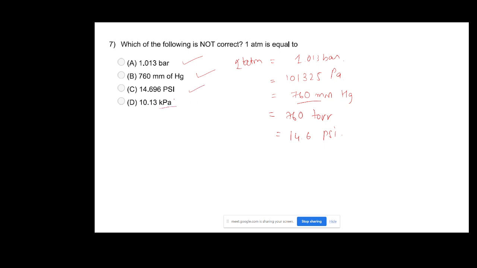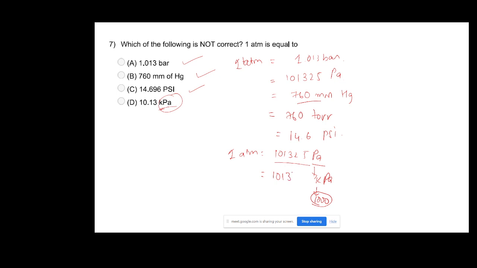Now, this is in terms of Pascal only, but it has kilo ahead of it. So if you want to convert 1 atmosphere equals to 101,325 Pascal into kilopascal, you need to divide this term by 1000, because kilo represents a multiple of 1000. So this will be divided by 1000.